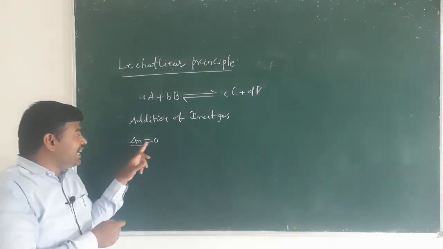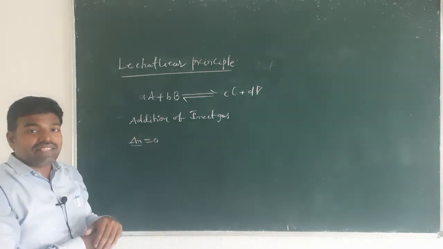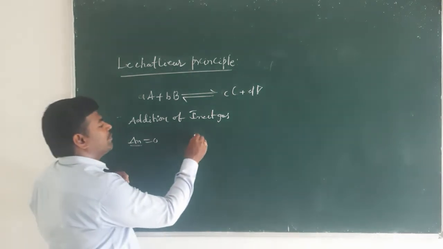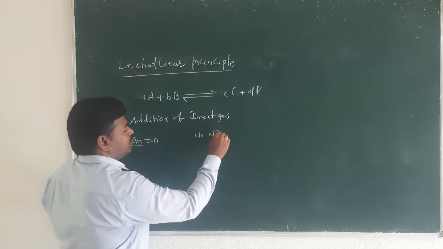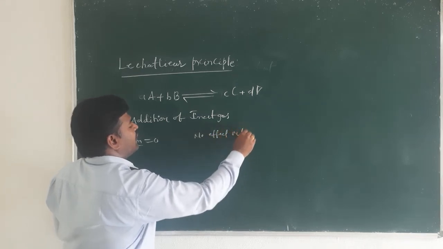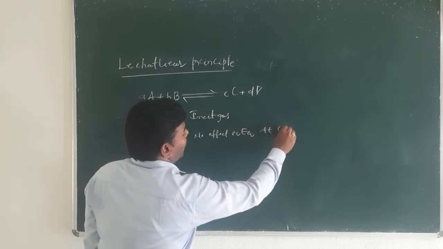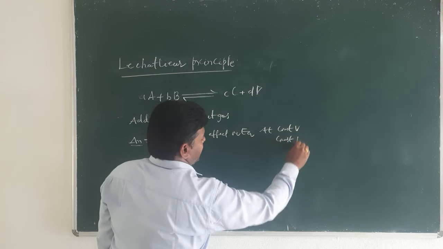If delta n is equal to 0, then addition of inert gas has no effect on equilibrium at constant volume and at constant pressure.